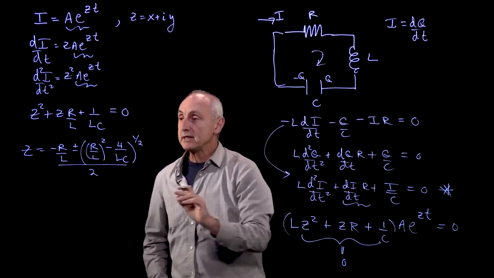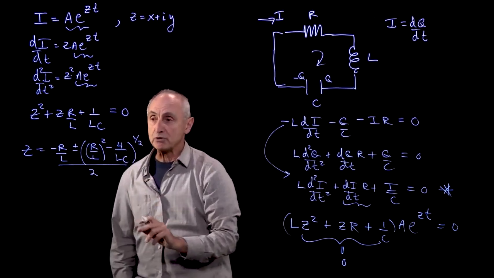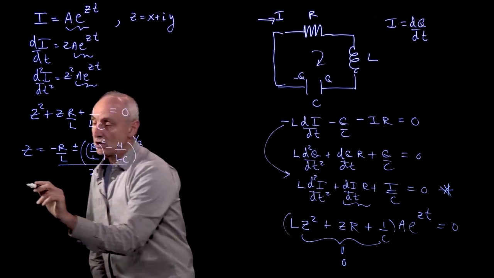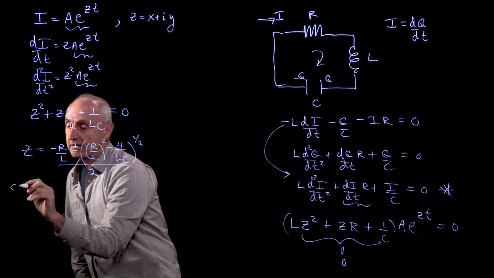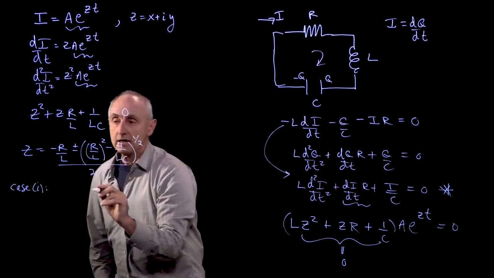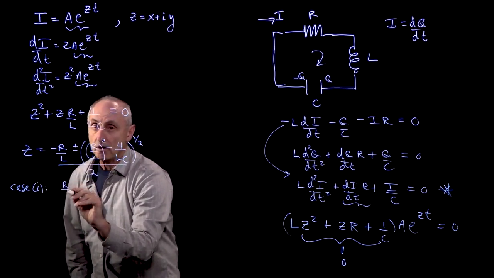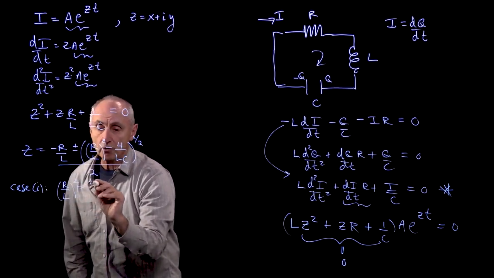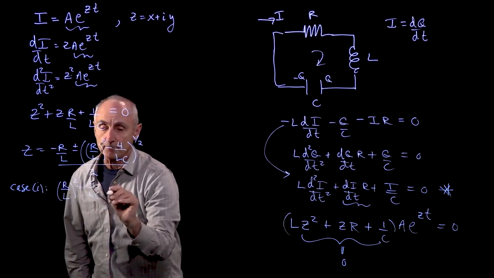And there we are. Now, let's look at what happens. There are three possible cases. The simplest case, case one, is when (R over L) squared equals 4 over LC.